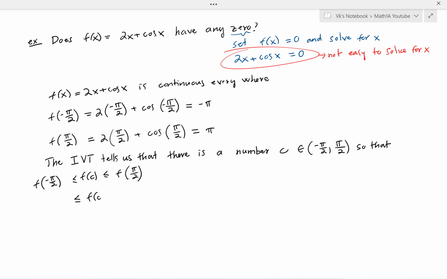We see that f(c) is between negative pi and pi. So meaning that, yay, f(c) can be 0, right?